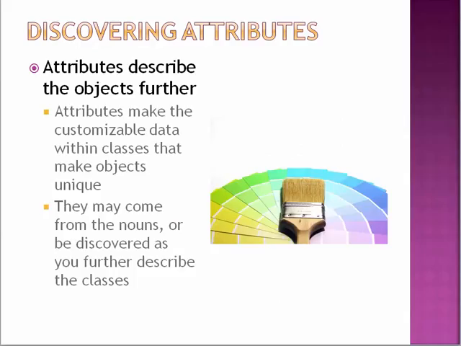So as we're looking for attributes, we want to make customizable objects that can be used in interesting ways throughout my system. We've got the nouns, we've figured out some more details about those nouns, and we want to start diving into how do I need to track data that lets my user know what's going on? So instead of just saying, hey, I've got a list of players, well, we might need to know an order of the players on your football team based off of maybe how you drafted them or how they've been shown the last time.